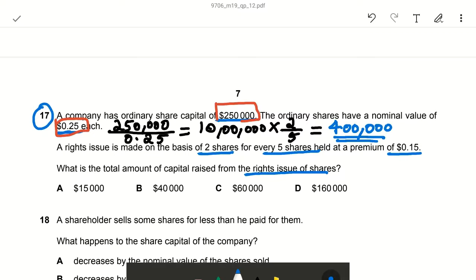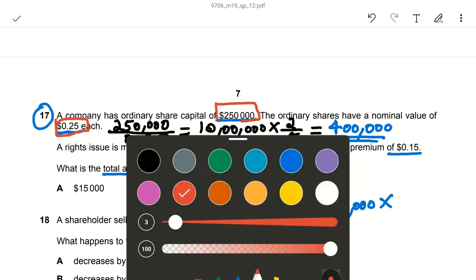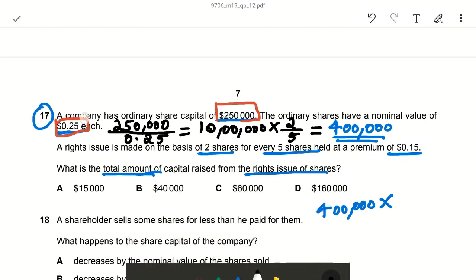So here the total amount of the capital. What is the amount of the capital? The rights issue is 400,000 shares. What is the price? Price is 0.25 plus 0.15, that is 0.40.